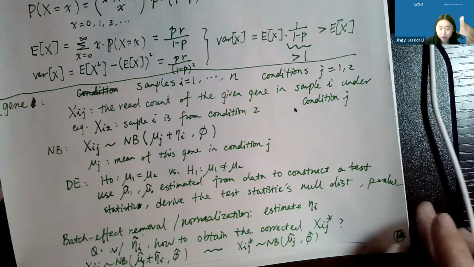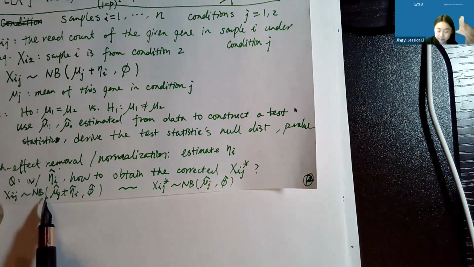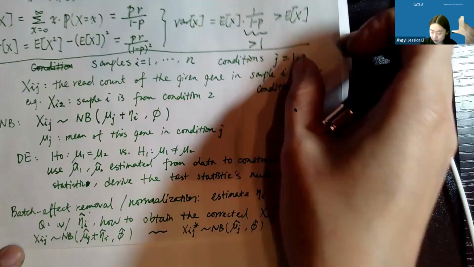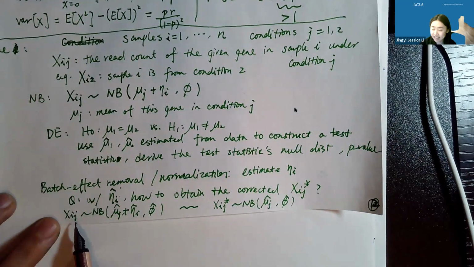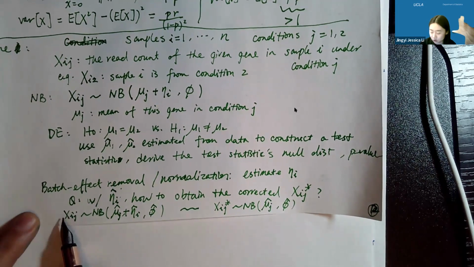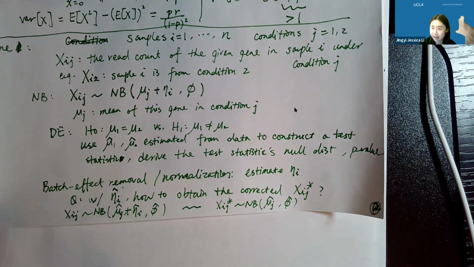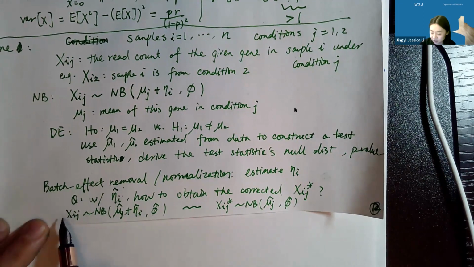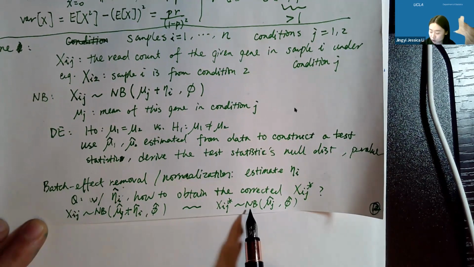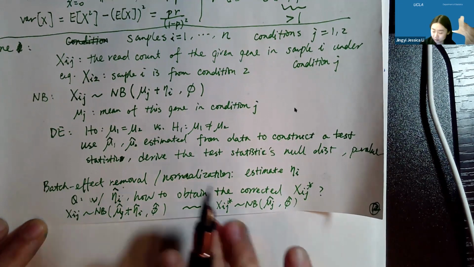So by matching the quantile, it means that we will use this estimated distribution and take each value xij, and find what quantile is associated with this xij. So in other words, we put this value into this fitted distribution and get the left tail probability. And that's the probability of values less than or equal to that. And then we take the same probability to this distribution and find the corresponding quantile, and call that xij star.